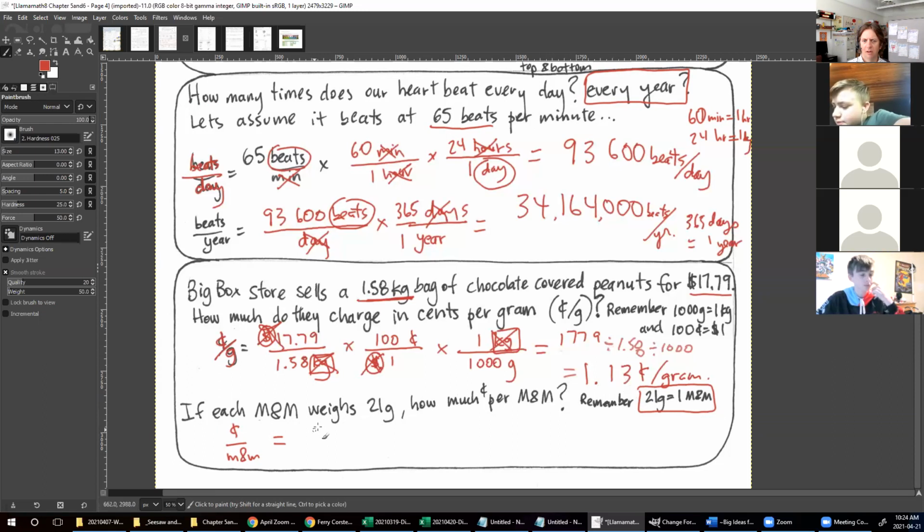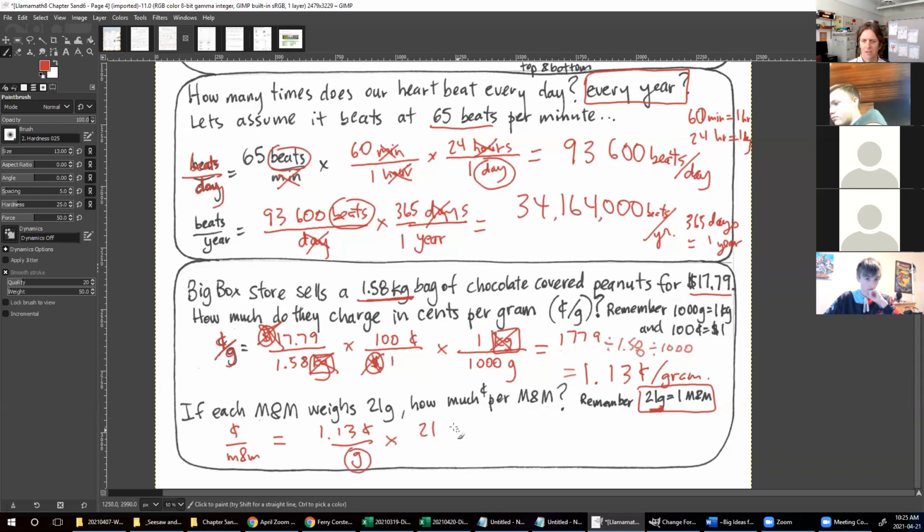So I have 1.13 cents per gram. Cents and cents are the same. I don't have to change that at all, but I need to change grams and M&Ms. Because I have grams on the bottom, I'm going to put these grams on the top.